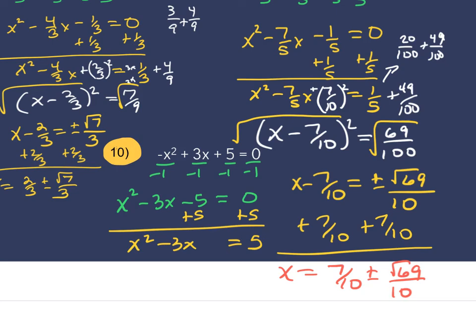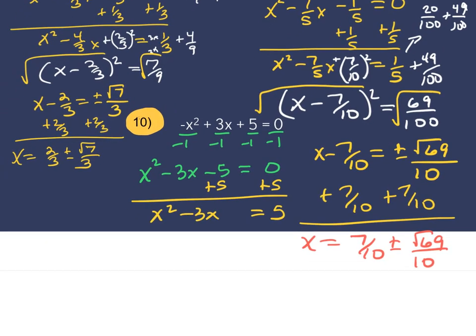Again, take the b term, divide it by 2. So 3 divided by 2 squared gives me 9/4. It's what I'm adding to both sides. 9 over 4. Again, I'm going to put it in here as the 3 over 2 squared. This trinomial factors into x minus 3 over 2.